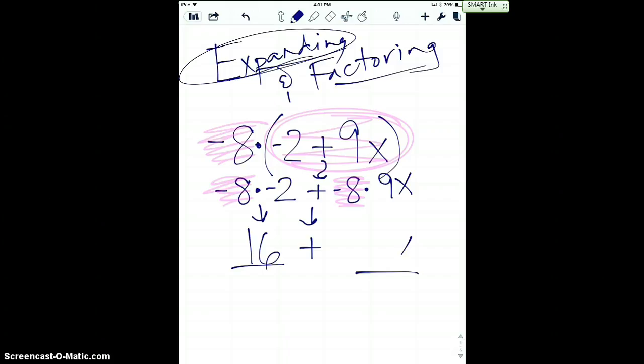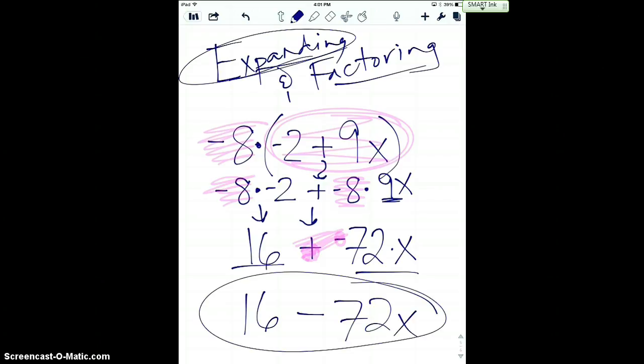Here we have a certain number of x's, and it's not 9 anymore because it got multiplied with -8. So that'll turn out to be a negative number, -72. So if you stop there, you'd be fine, but you could actually take it a step further because we could simplify this a bit more. If we are adding a negative, that's really the same thing as just saying 16 minus 72x.